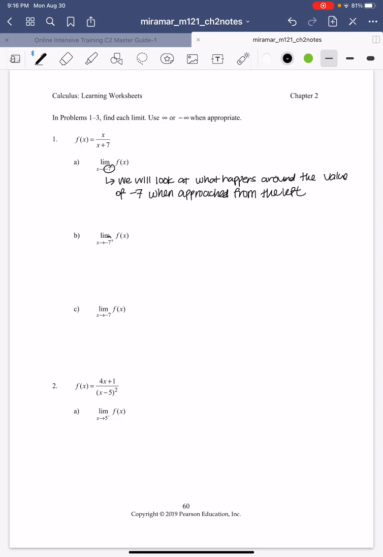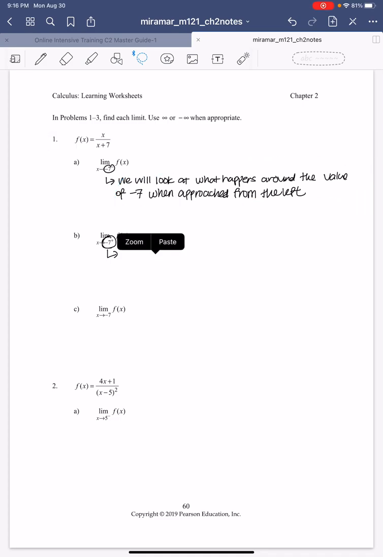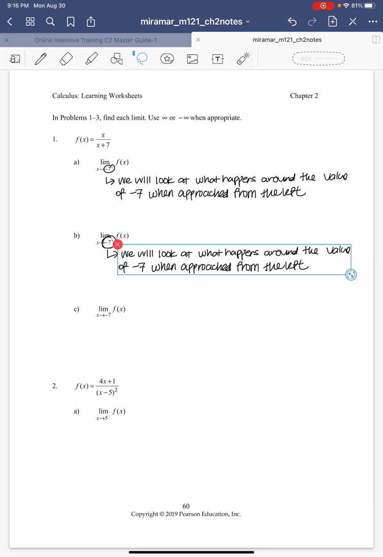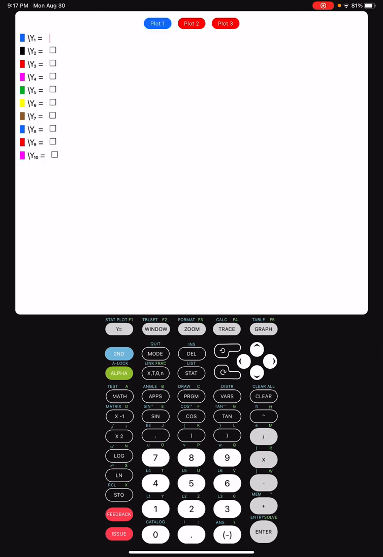On the other hand, this negative 7 plus means we will look at what happens around the value negative 7 when approached not from the left but from the right, because it's a plus. Okay, so the best way that I like to do is graph this function and see what happens around negative 7. So let's graph it over here using a graphing calculator: x divided by x plus 7, and graph.